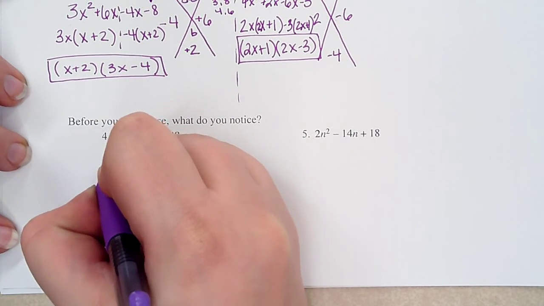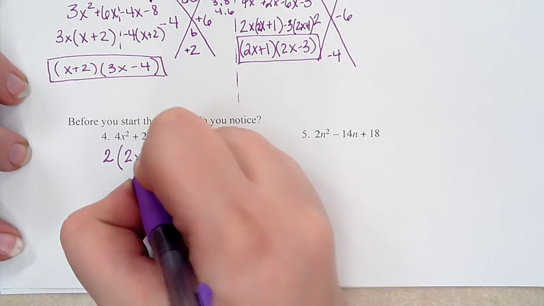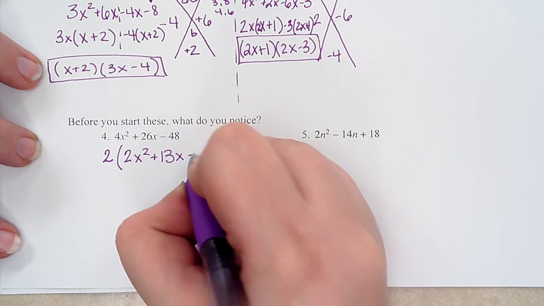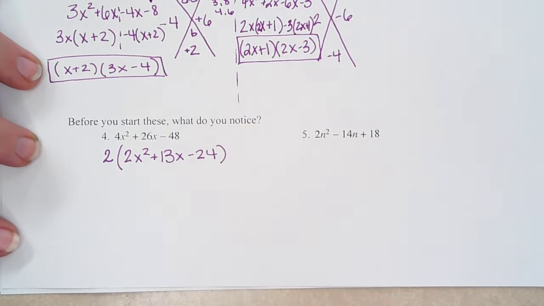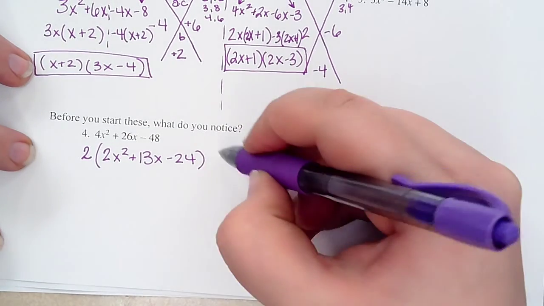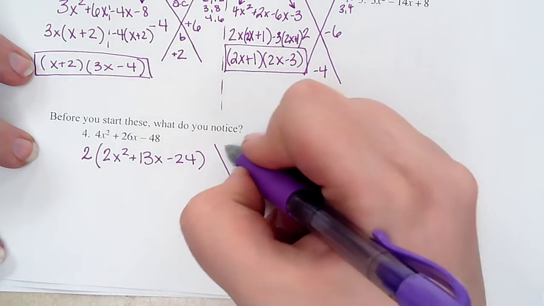If I notice that they all have a 2 in common, I can factor that out to the front so that I'm left with 2x squared plus 13x minus 24. Now I can do the X puzzle with just the inside information. So then I don't have such big numbers to work with.